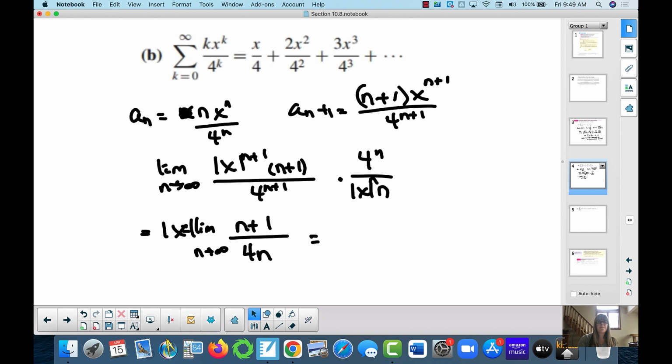So we are left with the absolute value of x times 1/4, so the absolute value of x over 4 needs to be less than 1, or the absolute value of x needs to be less than 4.